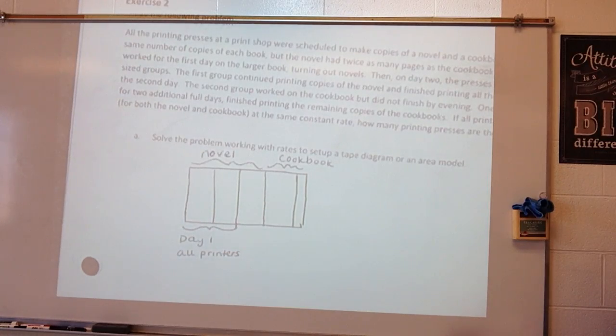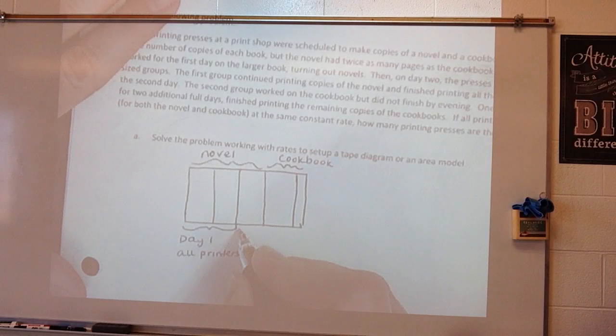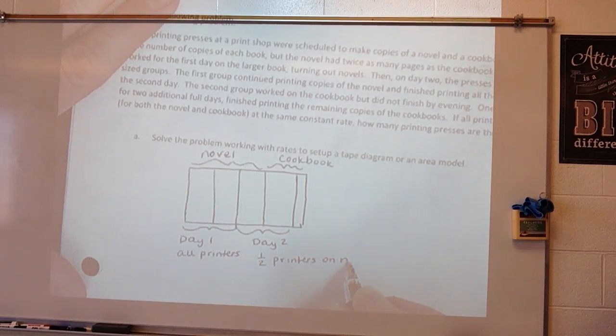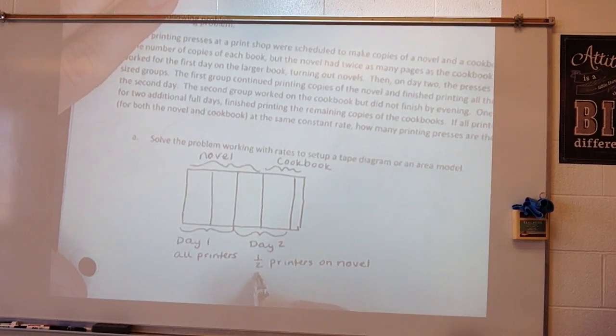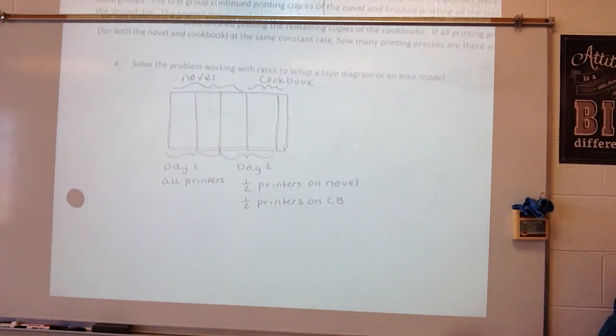We're going to label this day 2, and that was half printers on the novel and half printers on the cookbook. I'm just going to label it CB.